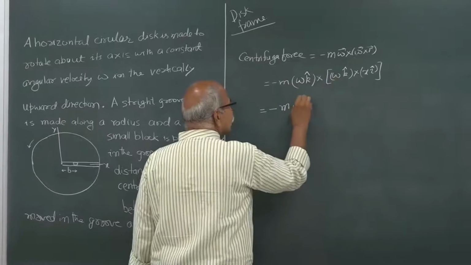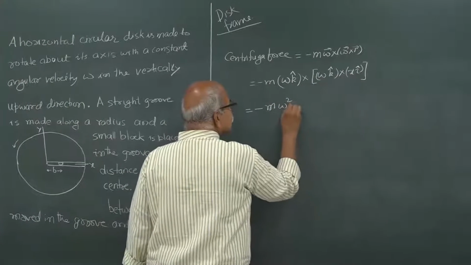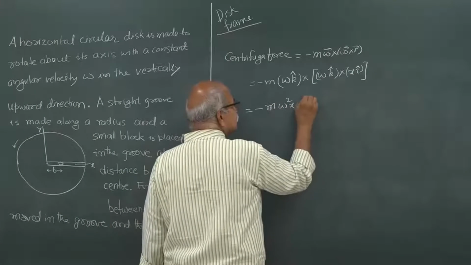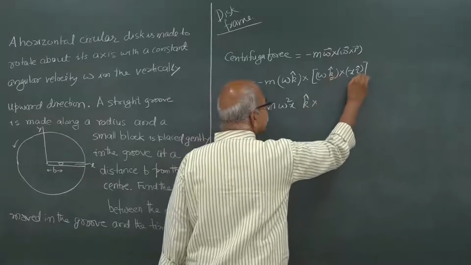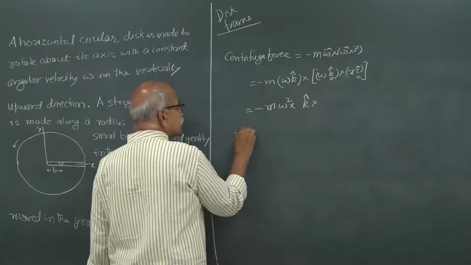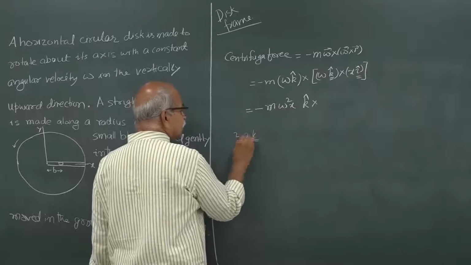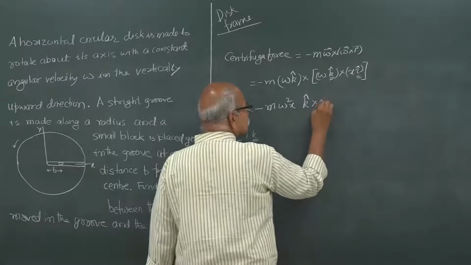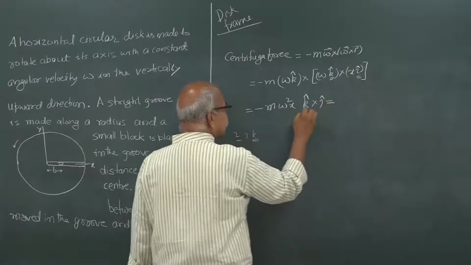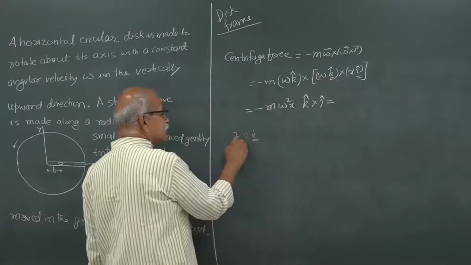This will be equal to minus m omega squared x, and then these cross products. With i, j, k: k cross i will be j, and then k cross j is minus i cap.